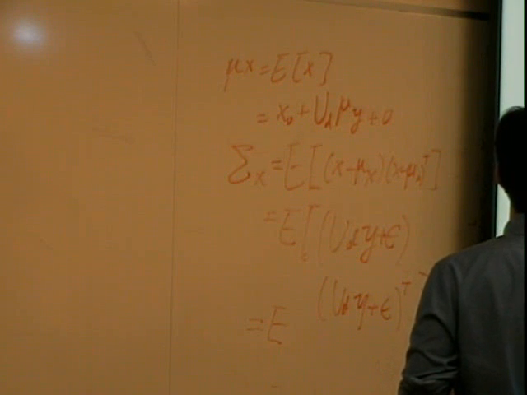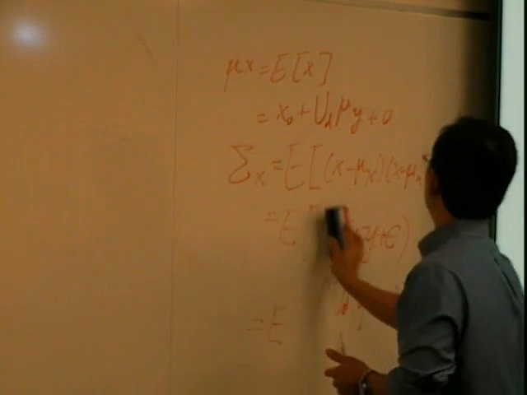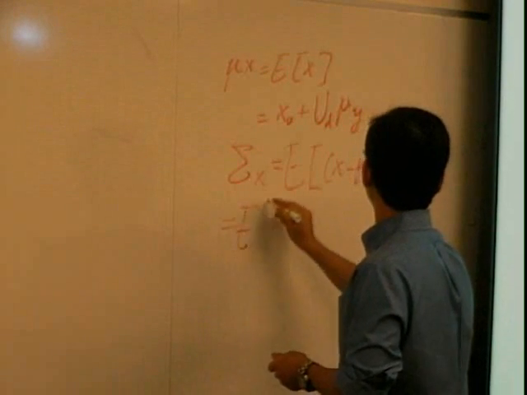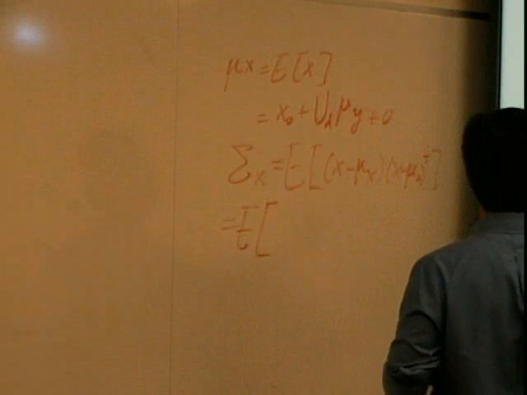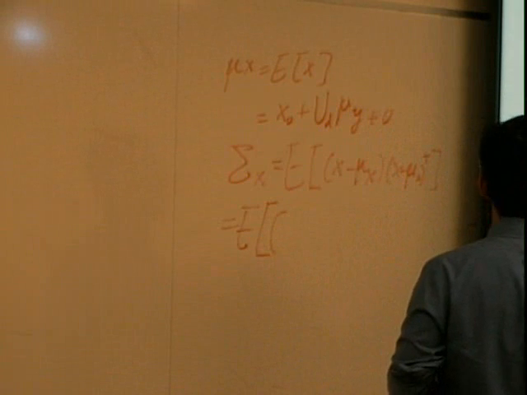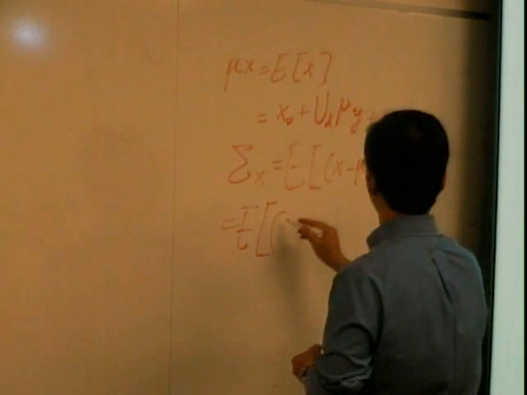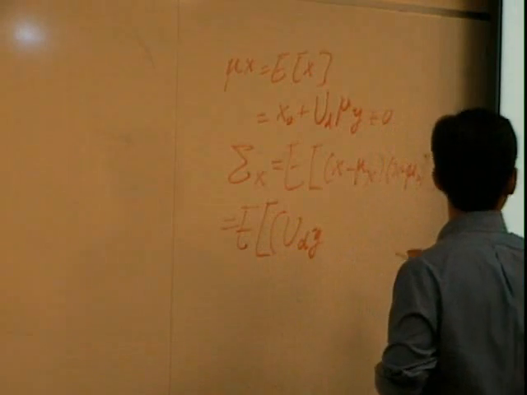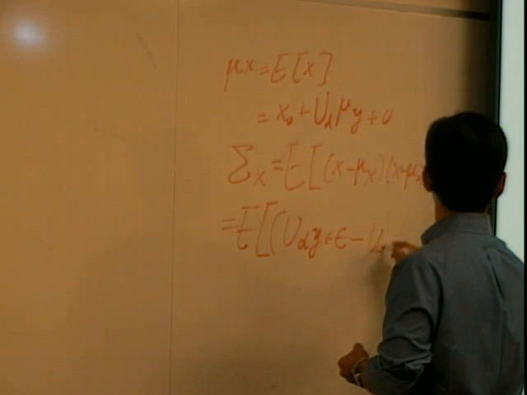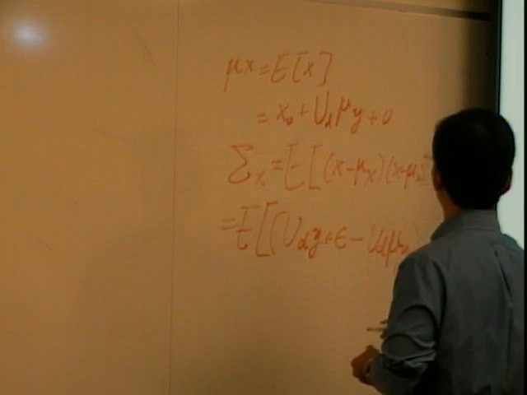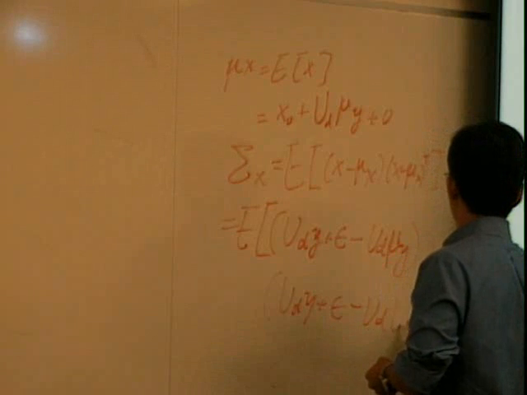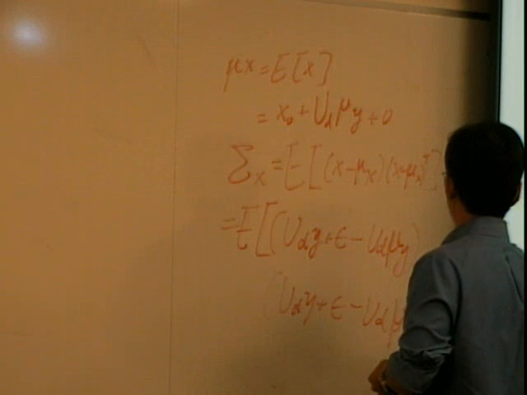So let's see. It's equal to E of, so you plug this one in. The x0 will cancel each other out. It will be Ud y plus epsilon minus Ud mu y, and Ud y, thank you, minus Ud mu y, transpose.